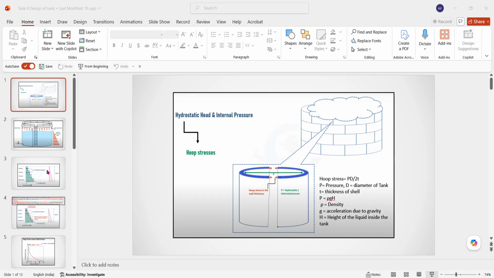For different tank diameters and different tank heights, your shell thickness will be different, and you have to select from the chart. But one thing is very important: the shell thickness shall not be less than the following. In any case, if your calculated shell thickness comes down, you cannot choose the nearest shell thickness available in the market.